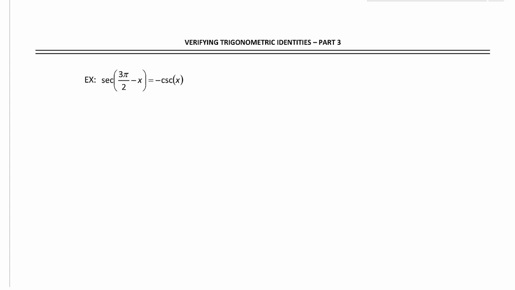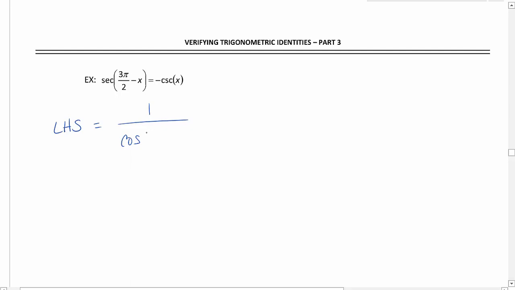Now, we don't have a difference formula for secant. We only have them for sine, cosine, and tangent, so I'm going to have to turn this into one of those functions that we actually have a formula for. So we're going to start with our left-hand side, and we're going to rewrite this as 1 over cosine of 3 pi over 2 minus x.